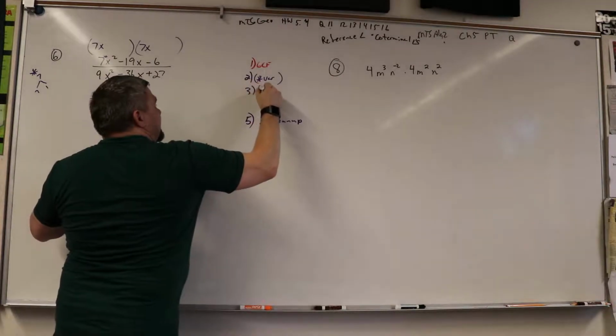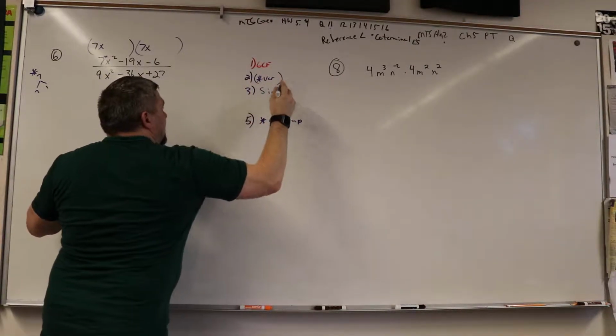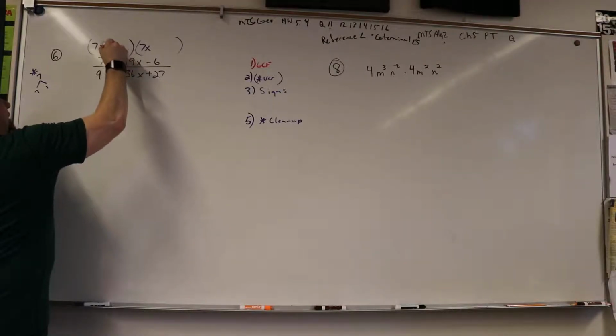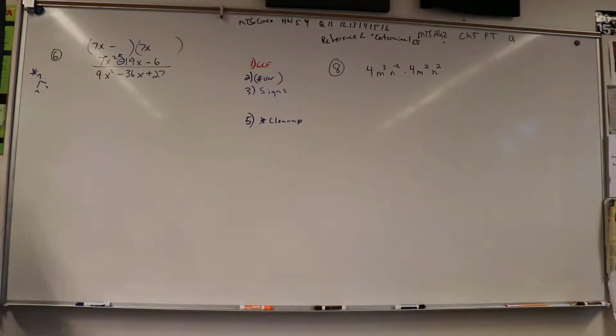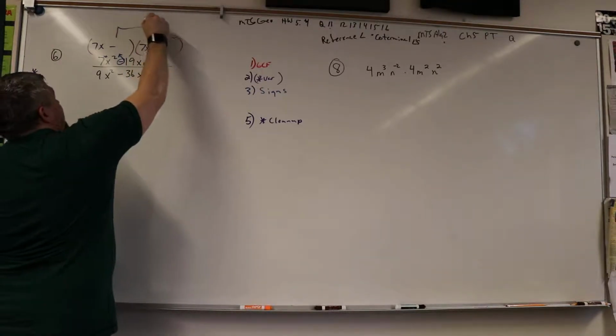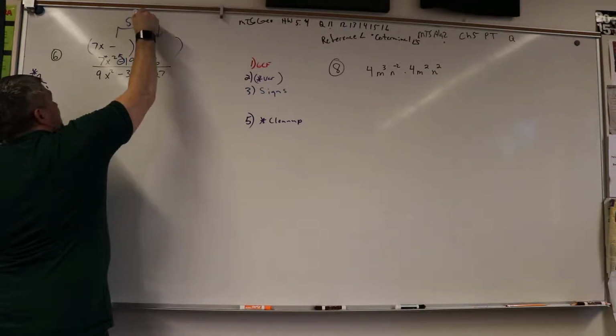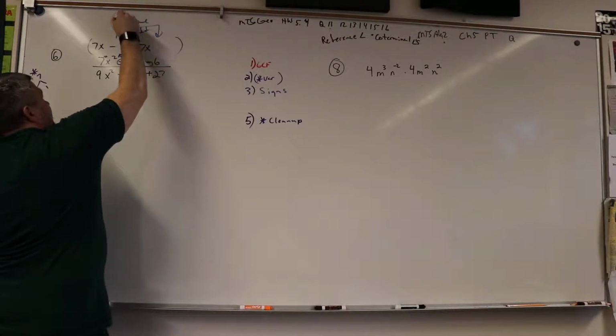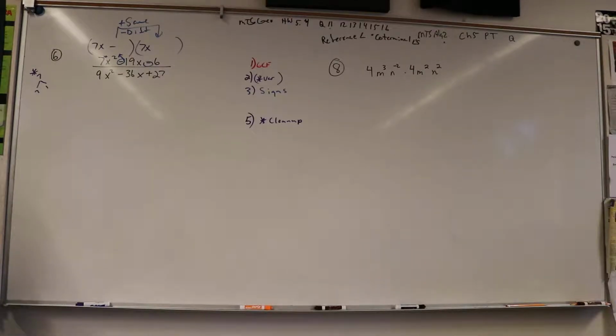Step 3 is signs. The signs just means the first sign just goes right in. But the second sign tells me if these signs are the same or if they're different. If it's minus, they're different.